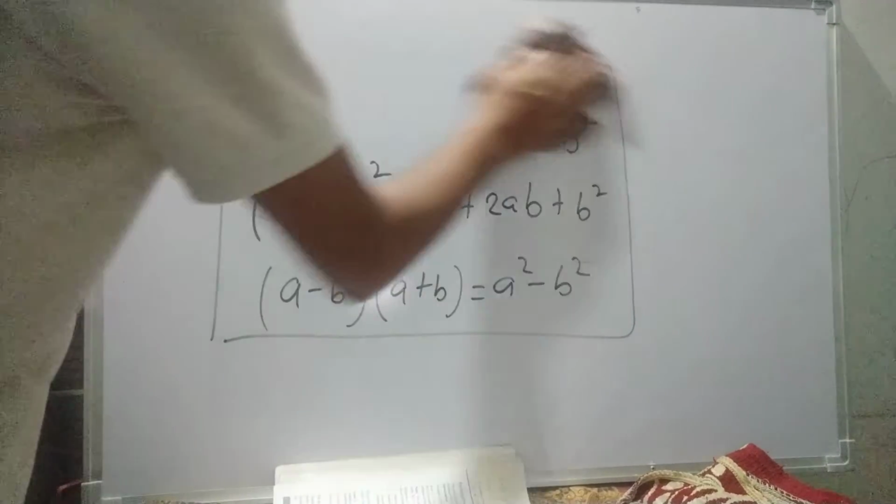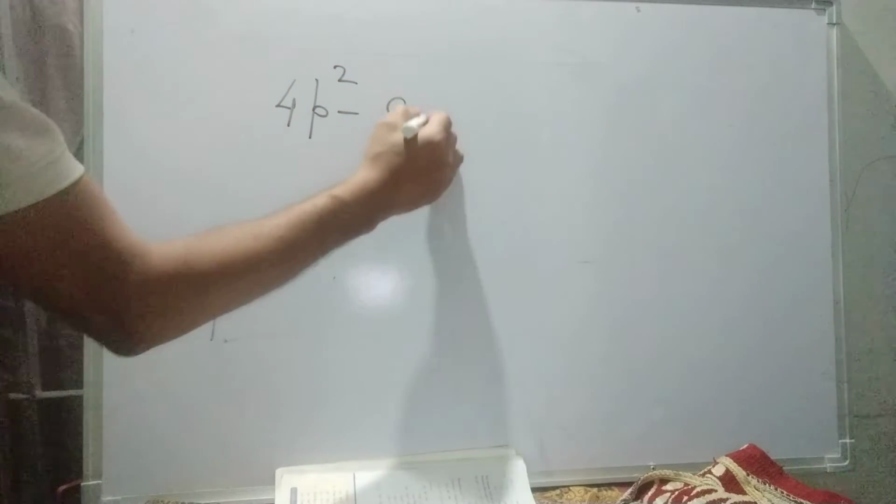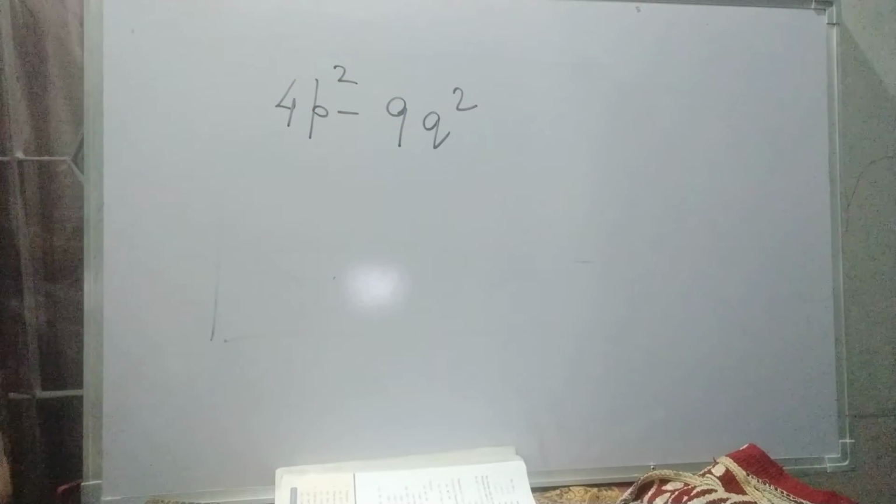Look here. Suppose a question is given: factorize using the identity. Suppose we are asked to factorize 4p square minus 9q square. How can we factorize this?